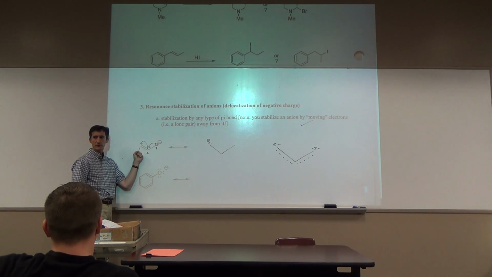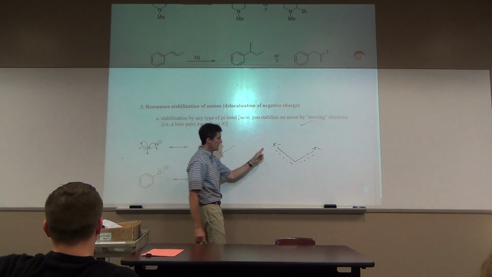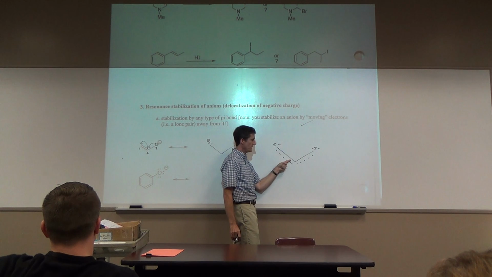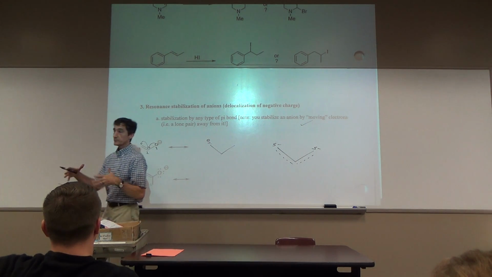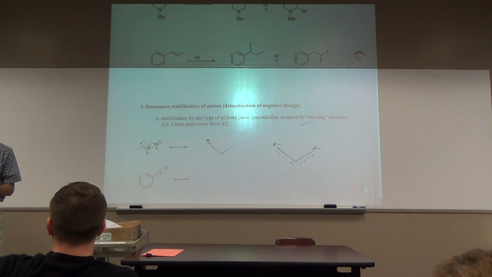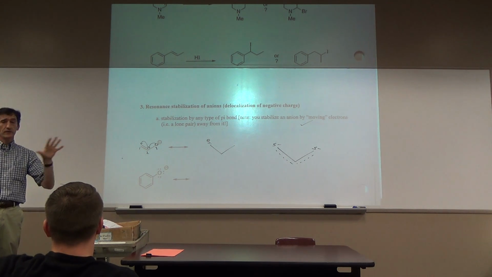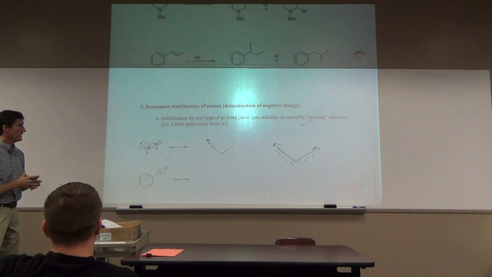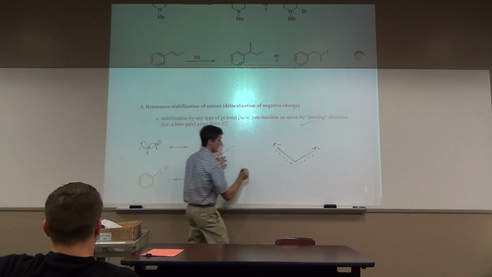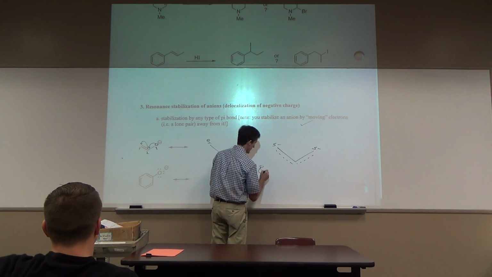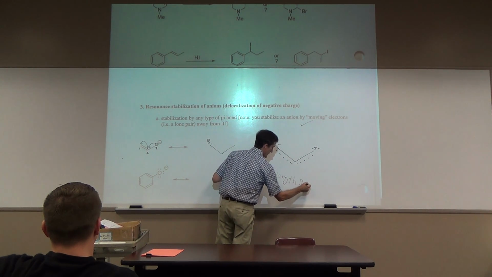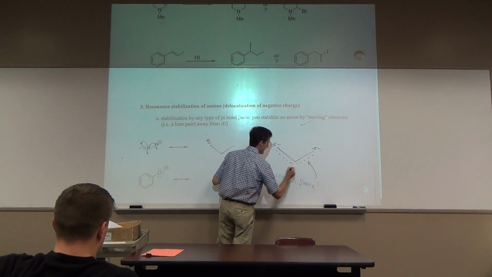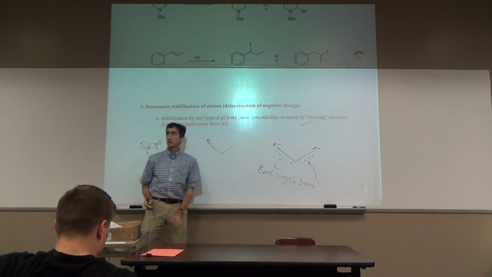Yeah, but this is a fake structure. This is not really correct. The true structure is this. You've got the same amount of pi bonding here as here. Bond length comes from bond order. If they have the same bond orders, they're going to have the same bond length. Both of these bond lengths here are the same if you could look at the true molecule.